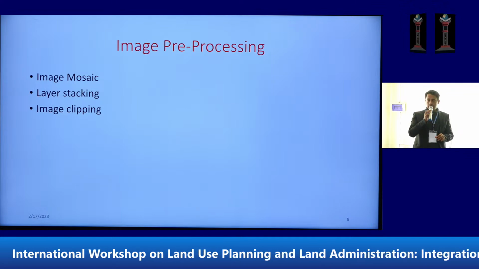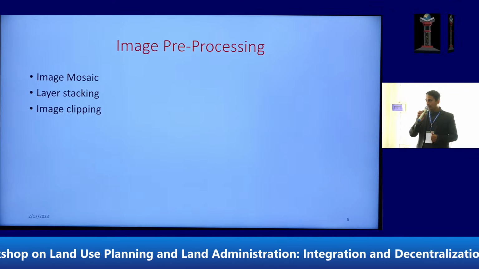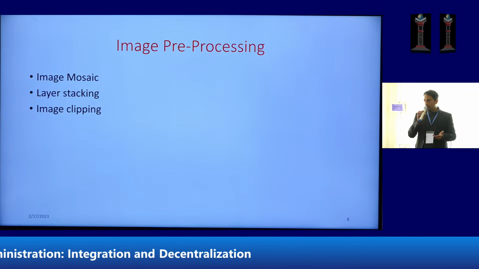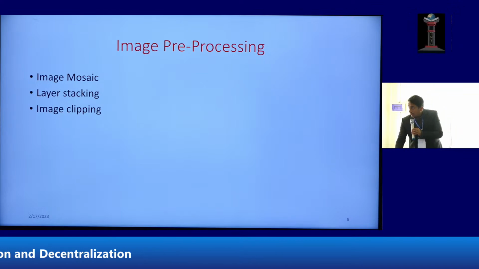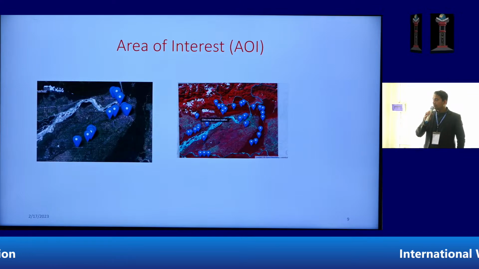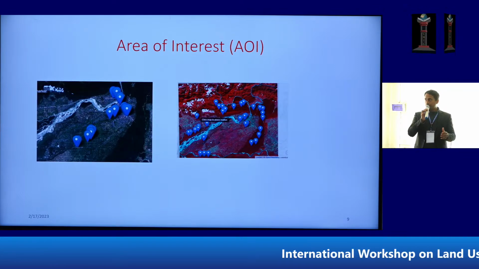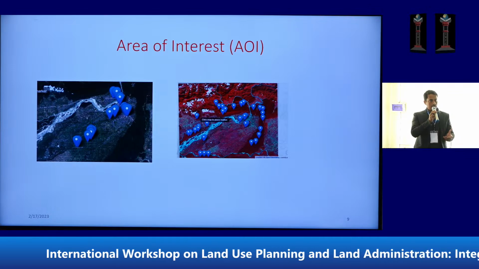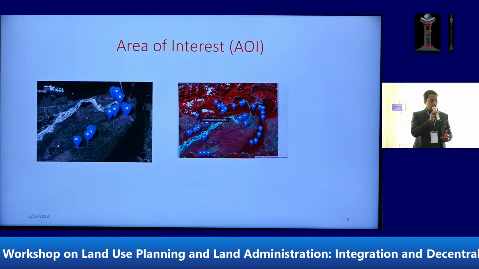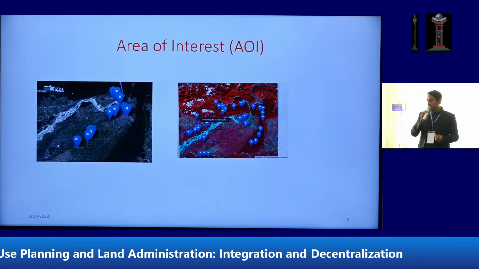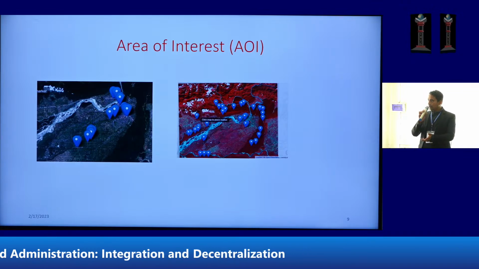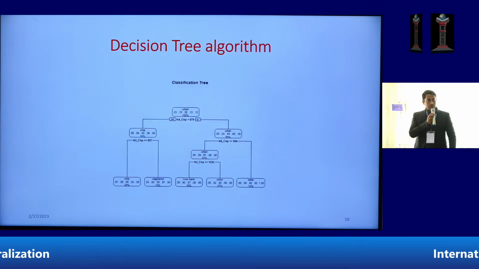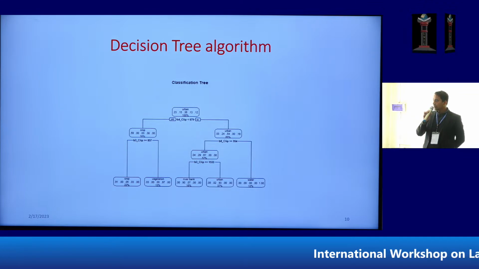Then the individual bands need to be stacked, and finally the administrative boundary is clipped to our required study area. After that, we have to make the areas of interest. For that, we have to decide how many classes we need to get, and on that basis we make the areas of interest, and then we apply the decision tree algorithm.